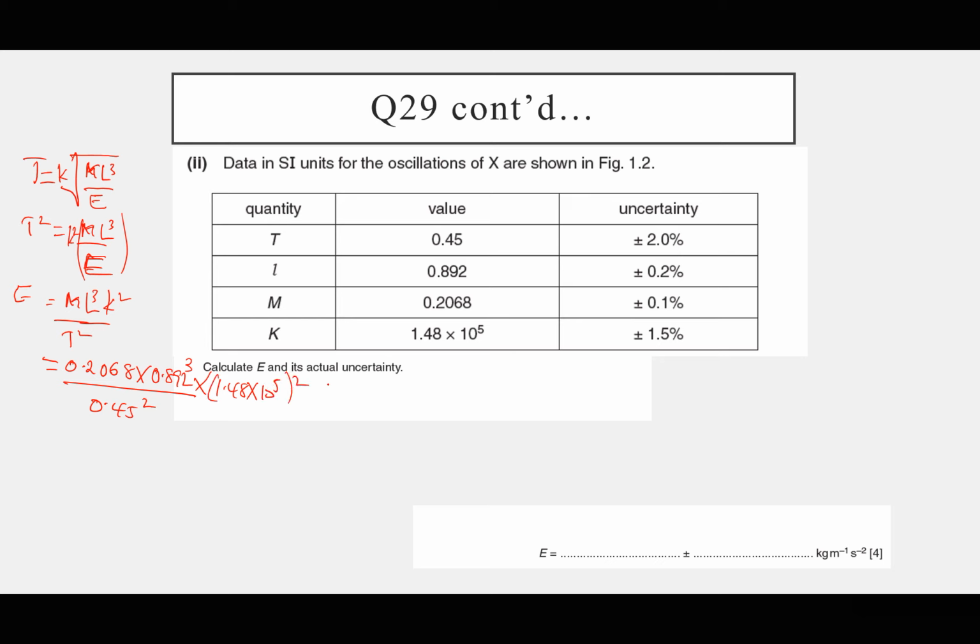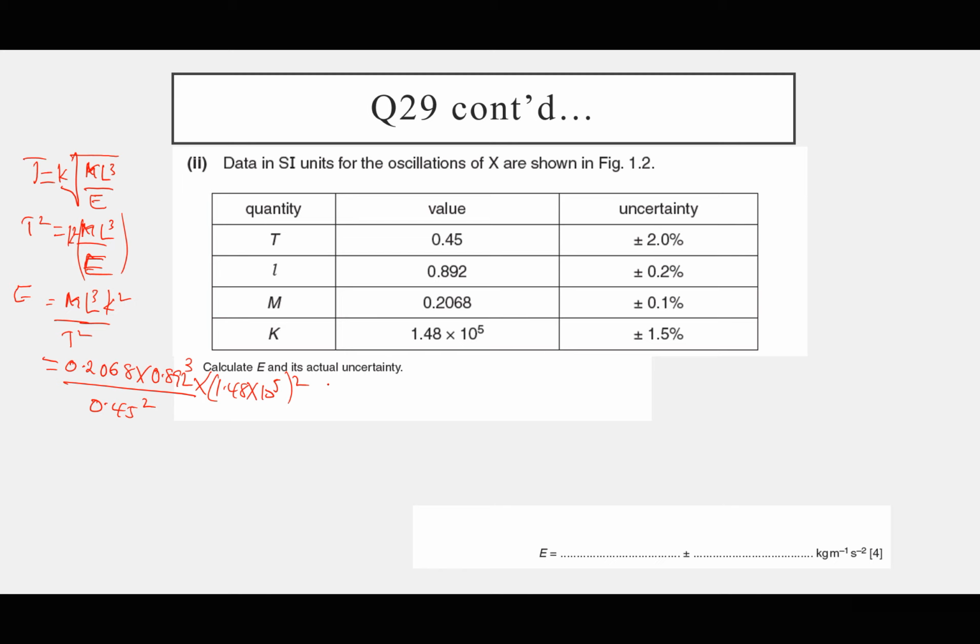So let's press the calculator. 1.48 exponent 5, squared, times 0.892 squared, times 0.2068, divided by 0.45 squared.